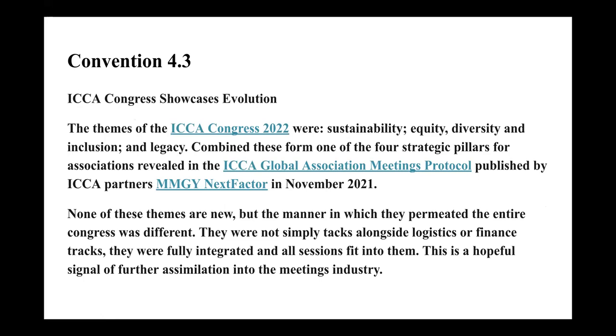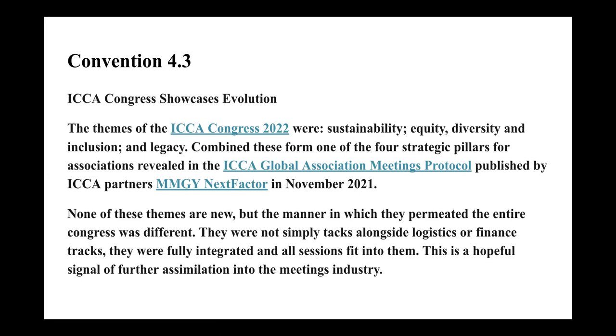ICCA Congress 2022 focuses on sustainability, equity, diversity, inclusion, and legacy. You can see this is the most important thing for the ICCA Global Association Meeting Protocol, or even MMGY. This is a trend and an important aspect whose impact you have to see for the convention business here.